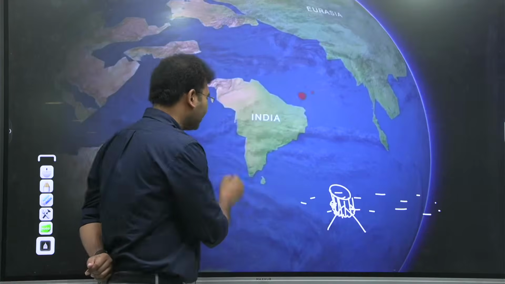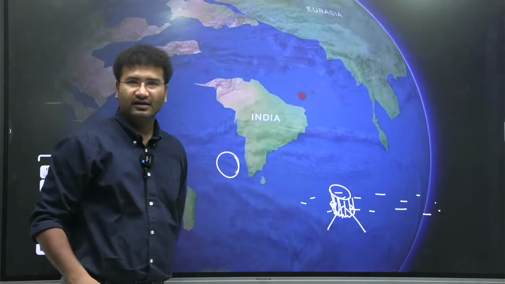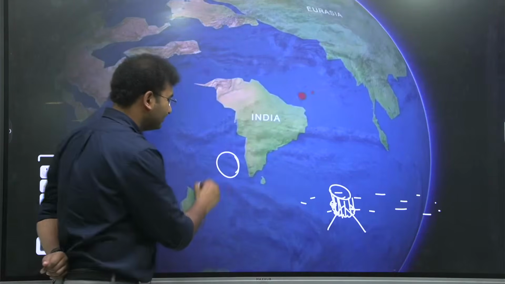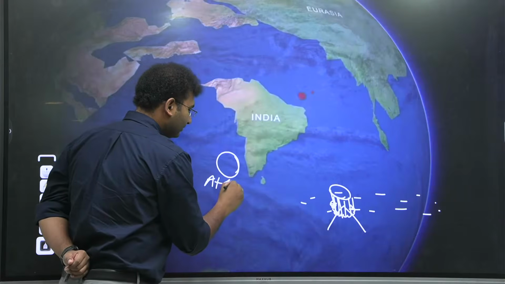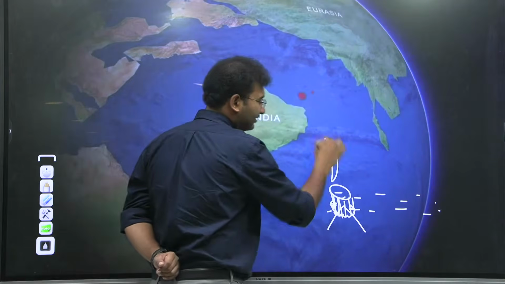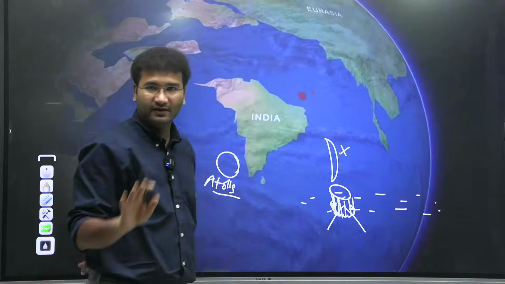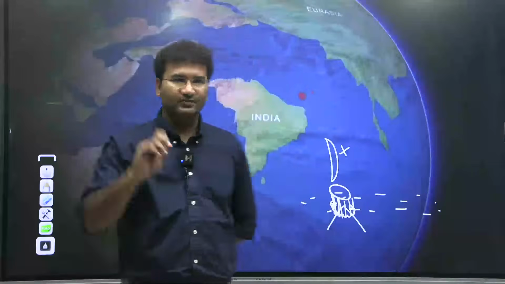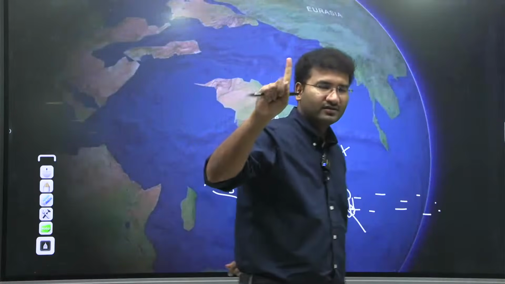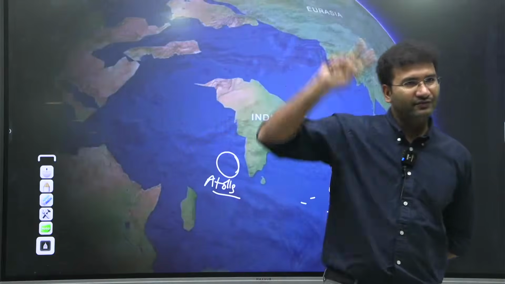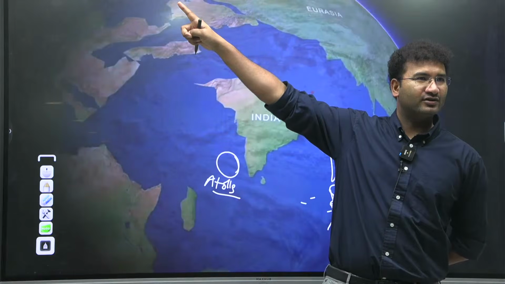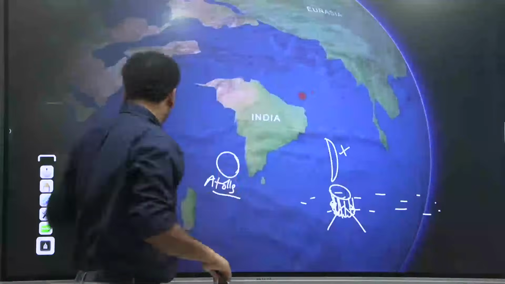The majority of the reefs in Lakshadweep are atolls. But in Andaman Nicobar, they are not atolls, right? What are they? First one is atolls. Second one is barrier reef, which you have seen in Australia, right? Three different types. In Lakshadweep, you will find atolls.